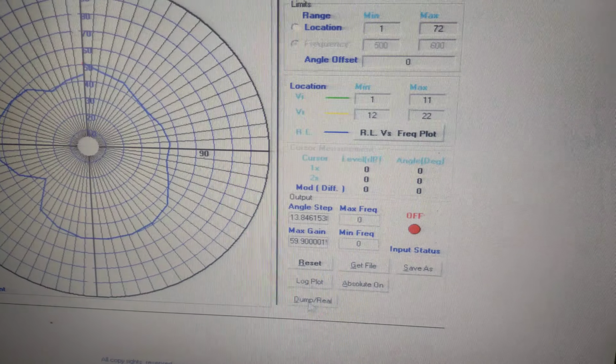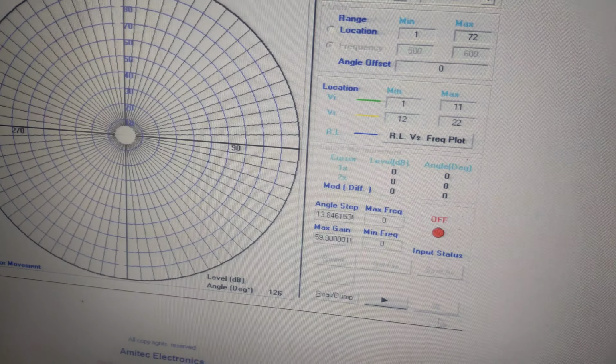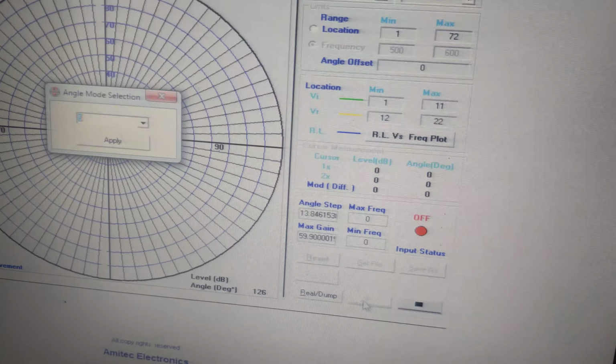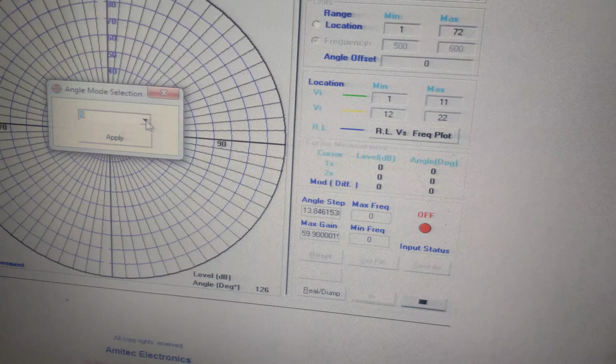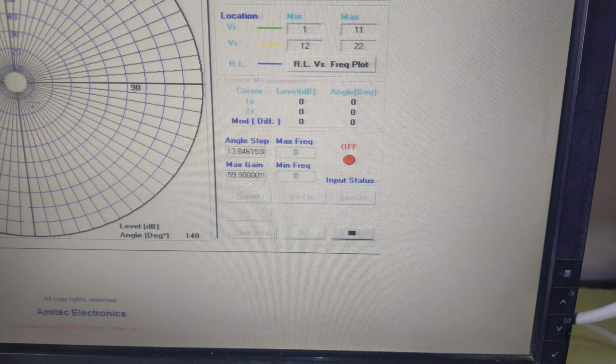If we press dump real, the previous graph will be removed, and press next. Here the stepping angle we have taken is 10.